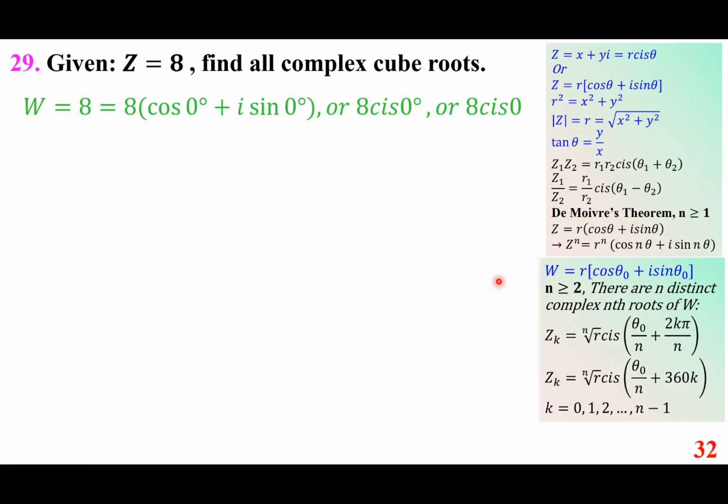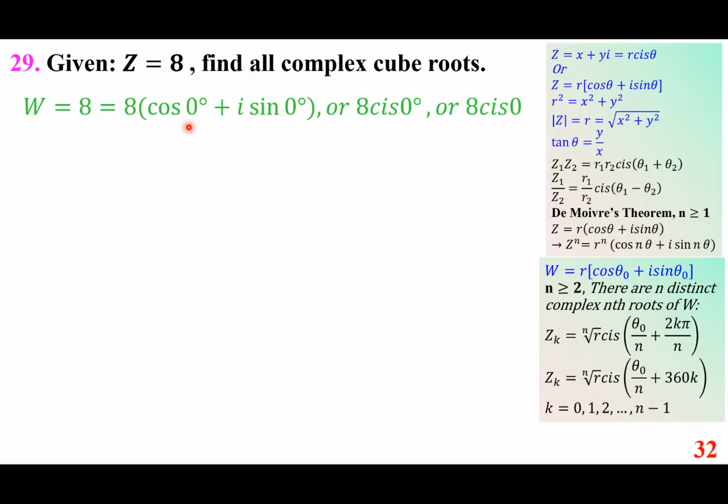It's along the x-axis. Now, if it happened to be negative, then you use pi, because cosine of pi is -1, sine of pi is still 0. So any positive real number is cis 0, whether it's 8 cis 0 or 10 cis 0. But if it's negative, instead of 0, you use pi in general.